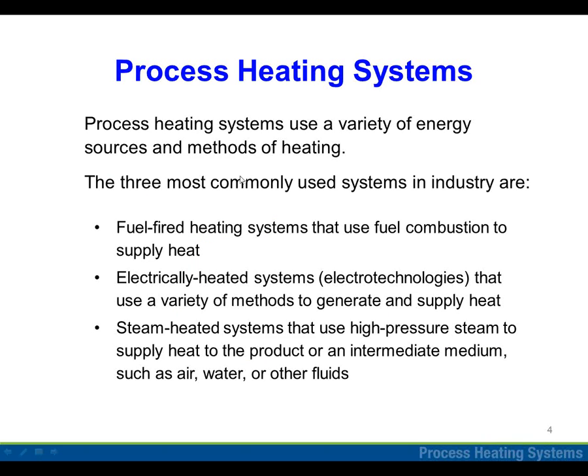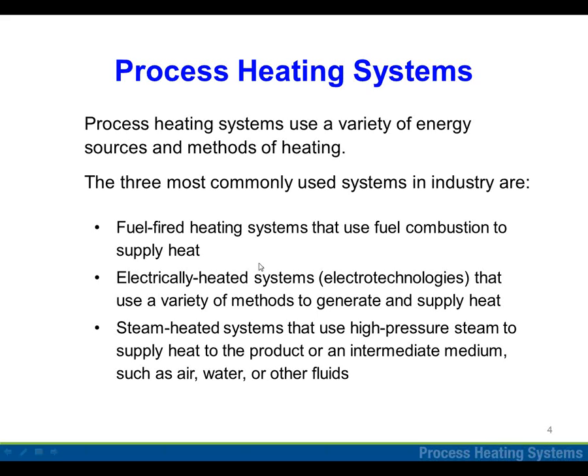So there are many different types of process heating systems people use. The most common ones, certainly in the steel industry, are two types. One is the fuel-fired systems, where gas, certainly in the United States, is used for combustion and supplying heat.